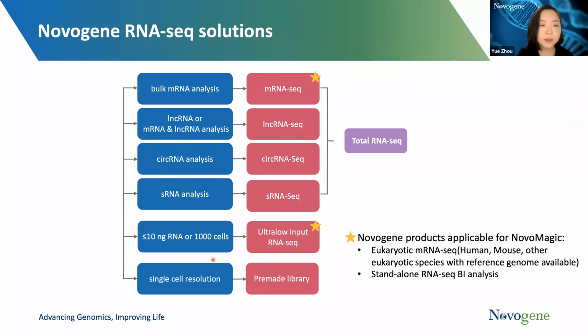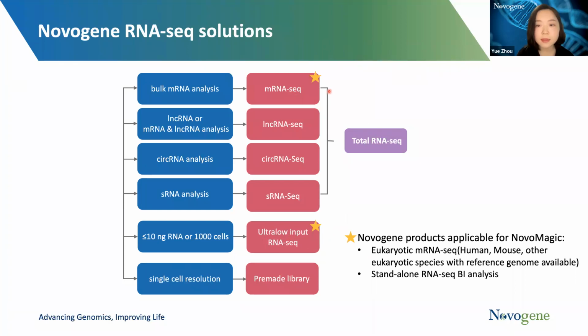And if you're struggling to get enough material, if you have limited starting material for RNA or cells, you could also use the ultra-low input RNA-seq that we offer. If you're trying to find a solution for single cell, we also provide the library sequencing for you. But today, we're more specifically covering the analysis of mRNA-seq.